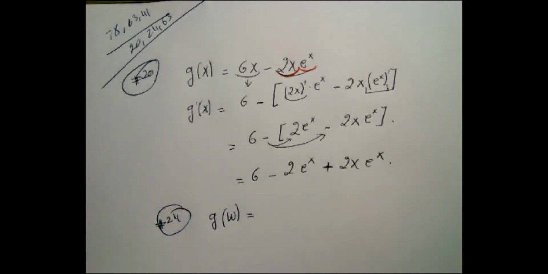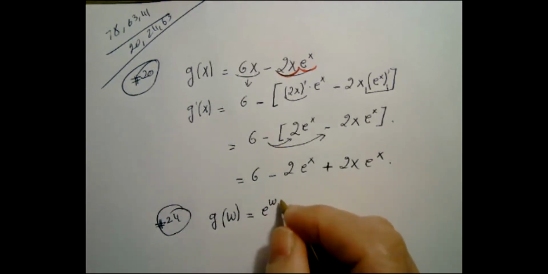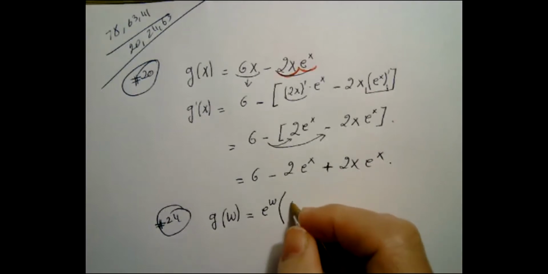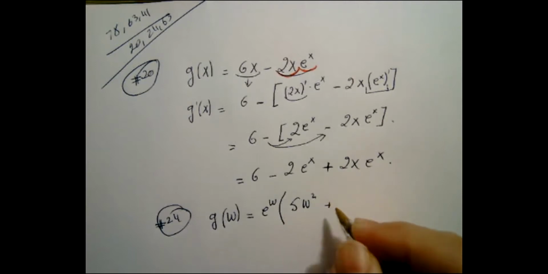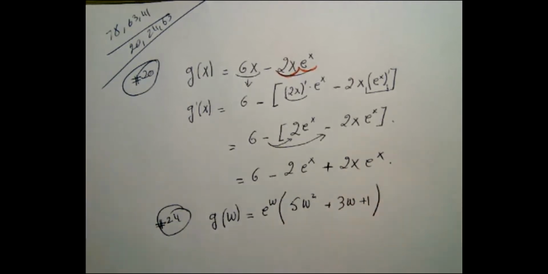Thank you. Okay, so g of w equals e^w, so w is my input here, 5w squared plus 3w plus 1. Okay, again, we have to find the derivative of this function.